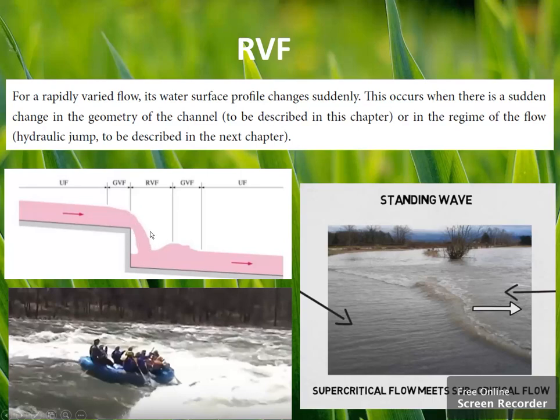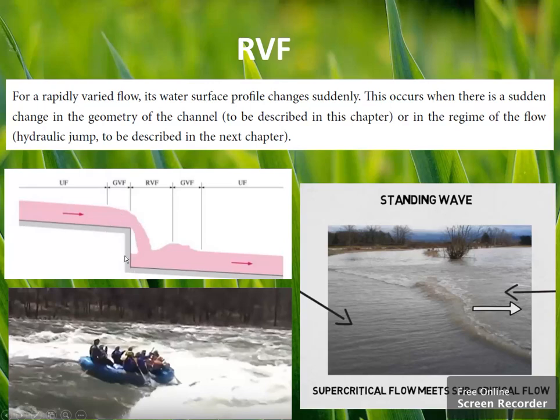This is water surface profile as a result of change in the bed. Sometimes we can have a contraction in the bed, sometimes we can have a drop or a hump in the bed, some obstacle in front of a flow can change the geometry of the bed.